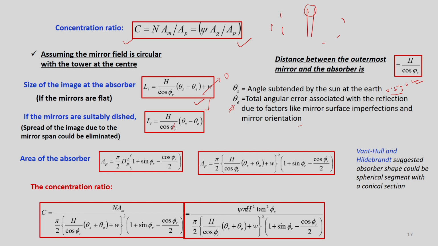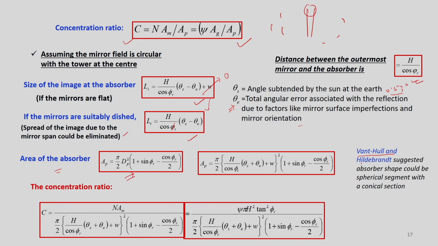So, under what condition can we remove this? The spread of the image due to the mirror span could be eliminated in the case of a suitably dished system. If the mirrors are suitably dished, we can use this expression under the condition where omega, or W, will be 0. The area of the observer can be calculated using this expression, because this configuration is something different.